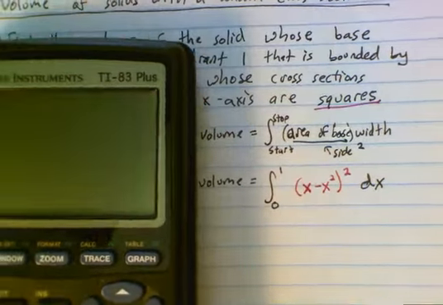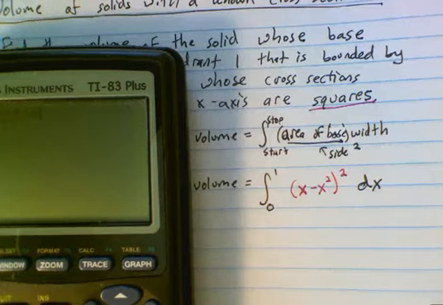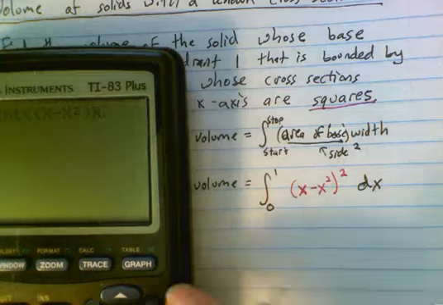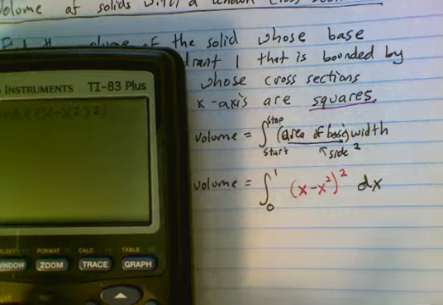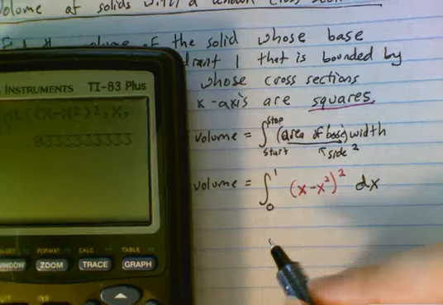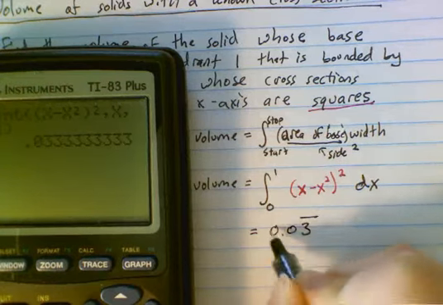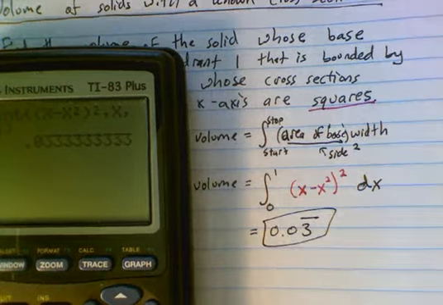A quick bit of calculator usage later, math 9. So we have x minus x squared, quantity squared, comma x, comma 0, comma 1. Ta-da! All done.